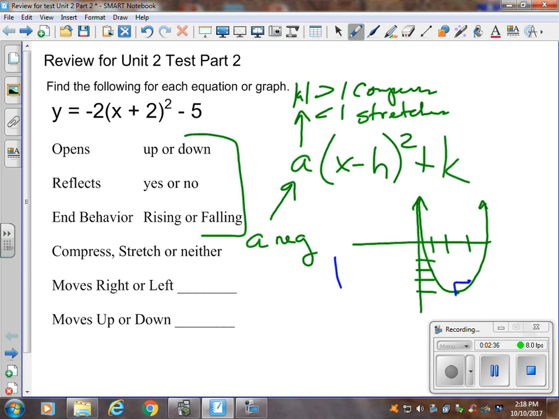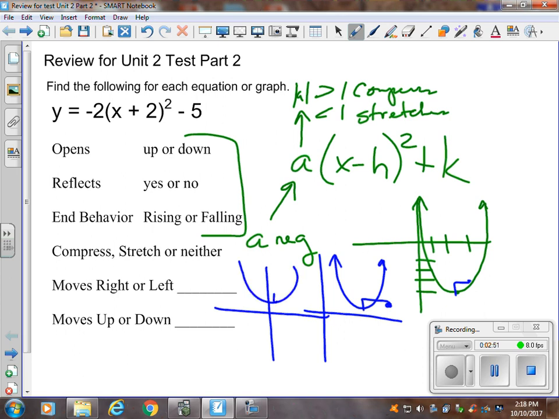If I have one like this, and I count up 1 over 1, and it falls out here, what does that tell me? Compressed. And then if I have one that I count up 1 over 1, and I'm on the line, that's where it's supposed to be. That's a neither.